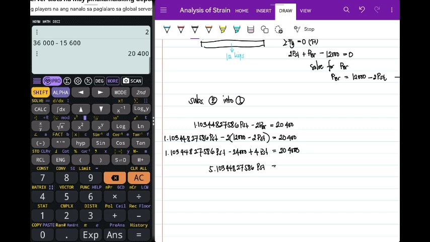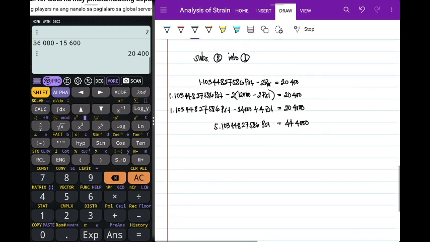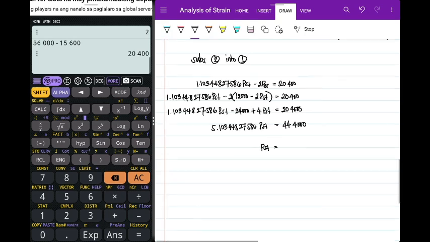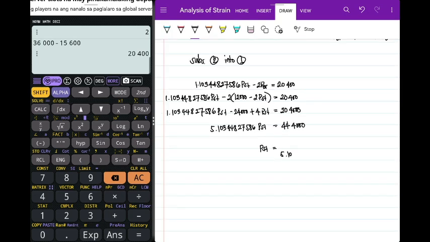It will lead us to 5.10344 P sub ST, which is equal to 20,400 plus 24,000. That will give us 44,400. That is 400, not 44,4000. That's 44,400. Yes, I am making now the correction.